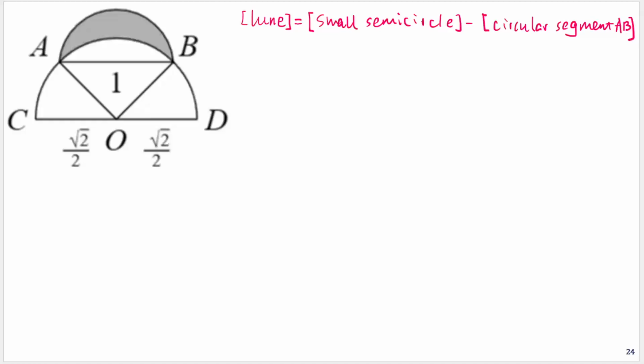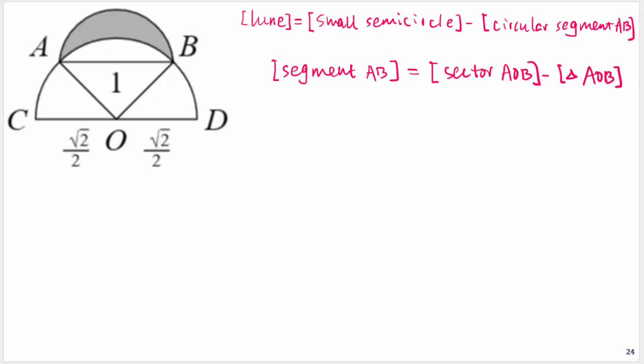Right? To get the area of the circular segment, we start by connecting its endpoints to the center O. Since the area of the circular segment AB, I'll just call it segment AB, equals the area of the sector AOB subtracted by the area of the triangle AOB, right?